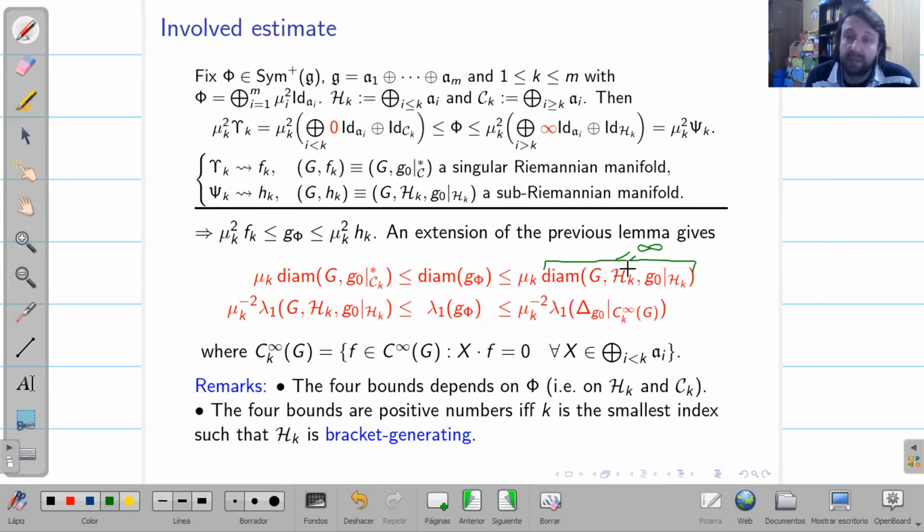If k is too small, for instance k equal to 1 and you have one dimension, or you have k such that HK is not bracket generating, then you will not be able to join any two points with a horizontal path associated to this sub-Riemannian structure. So the diameter is going to be infinity because you cannot join two points, right? And analogously, this might be 0.